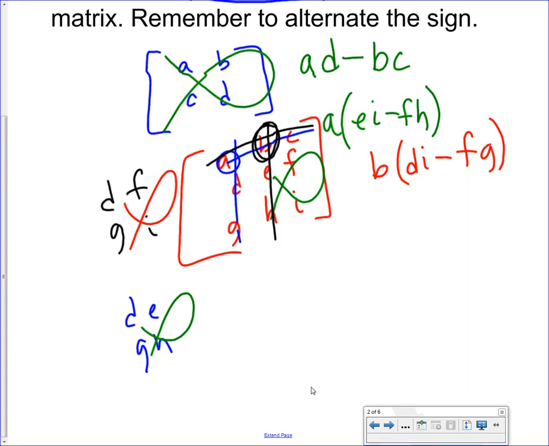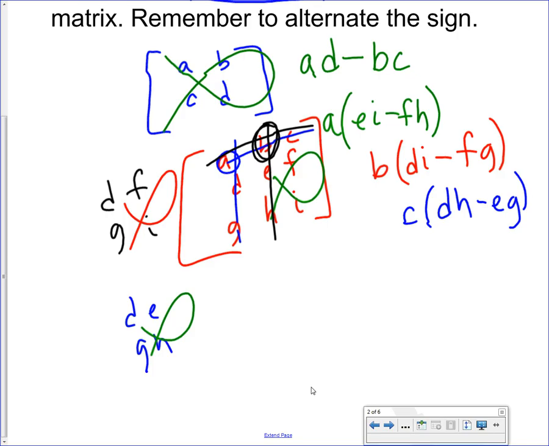So the last piece is C times DH minus EG.